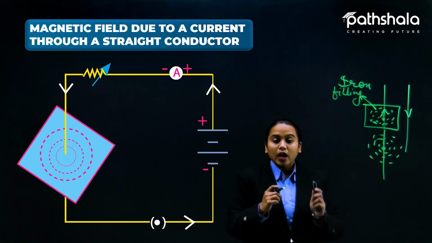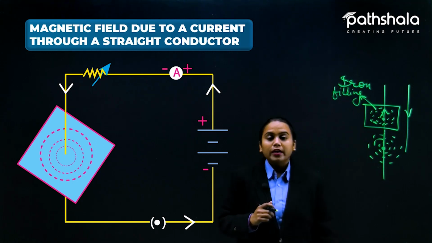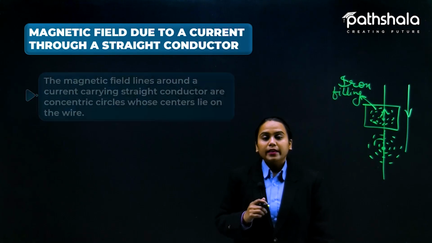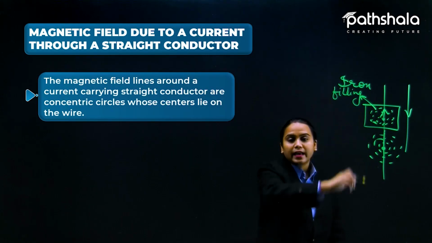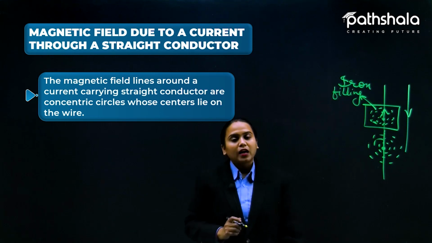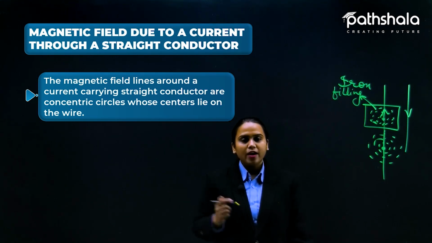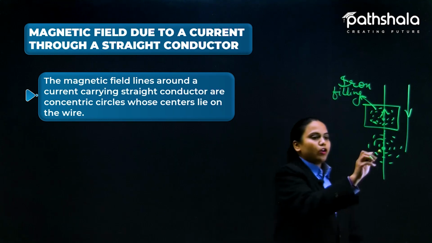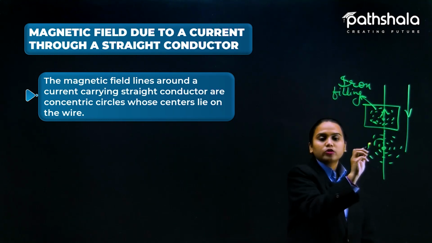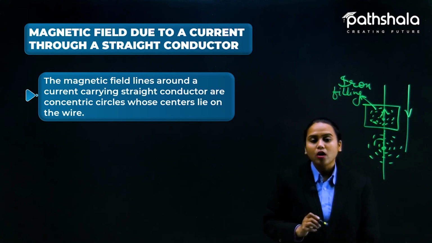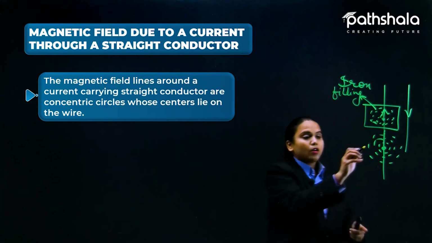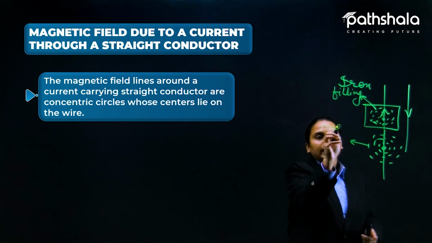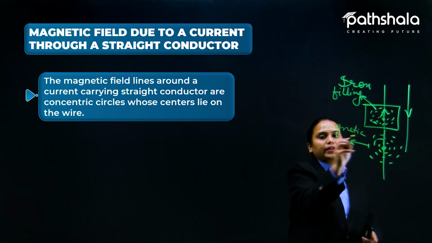You will see that iron filings will automatically get into the concentric circle manner. So now this gives us the conclusion that the magnetic field lines around a current carrying straight conductor are concentric circles whose center lies on the wire, and because this wire is crossing from this point, this is the center for all of these concentric circles. These concentric circles are the magnetic field lines.